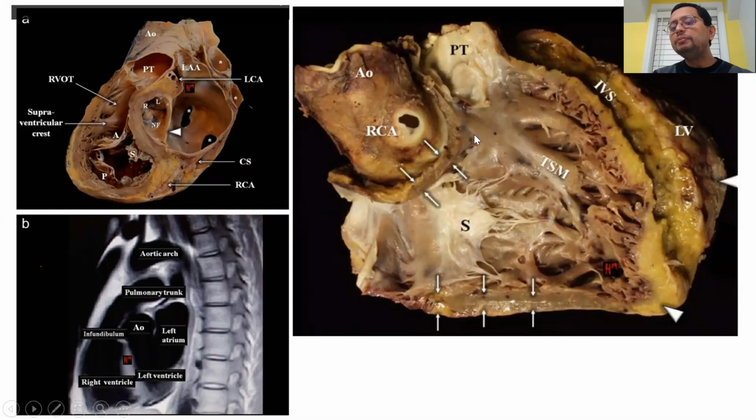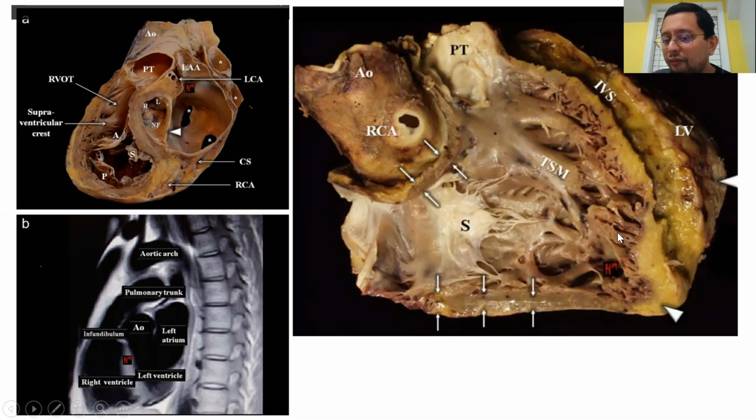That is called perimembranous VSD. So that's only 4 types for you to remember, and it's easy to remember. I'll show you again. Going in: inlet VSD, muscular VSD, outlet VSD, perimembranous.